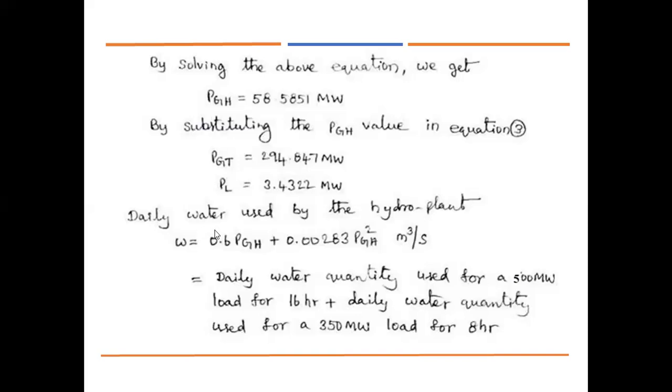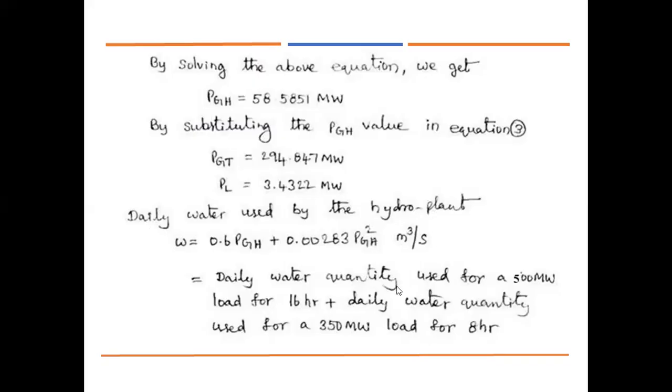At last we need to find out the daily water used by the hydro plant, and also the total operating cost of the thermal plant. First, the daily water used by the hydro plant. Omega equal to 0.6 PGH plus 0.00283 PGH square meter cube per second.